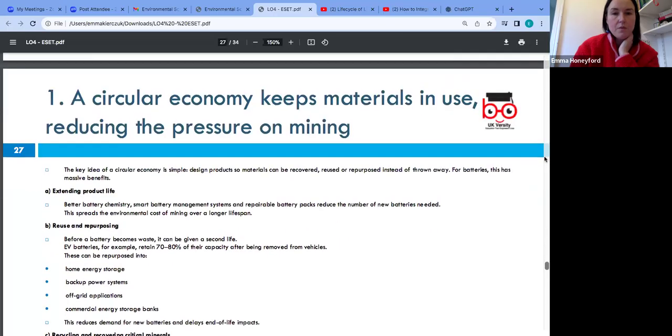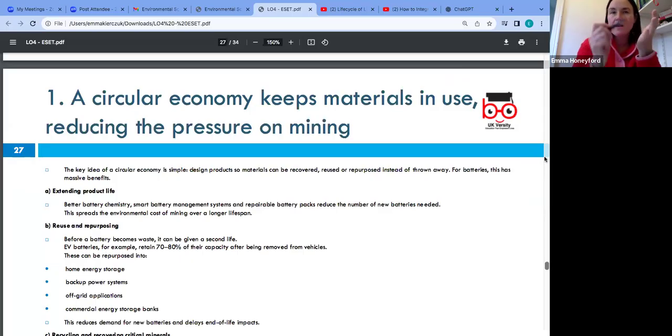So the whole principle of circular economy is that it keeps materials in use, reducing the pressure on mining. So the key idea of a circular economy is simple: design products so materials can be recovered, reused, repurposed instead of thrown away.